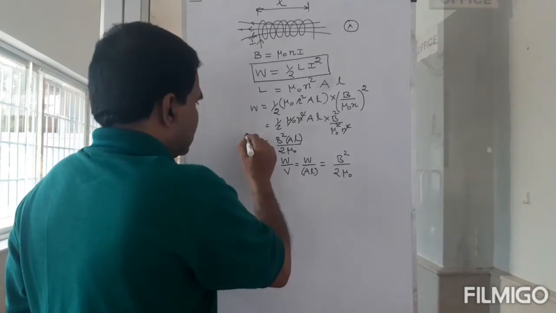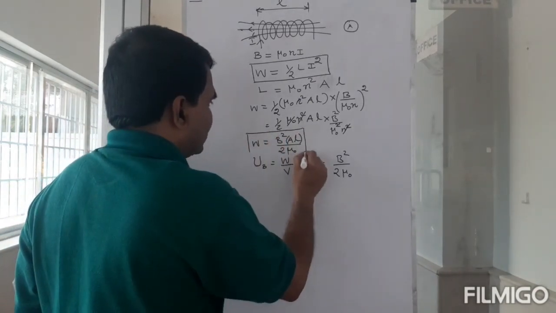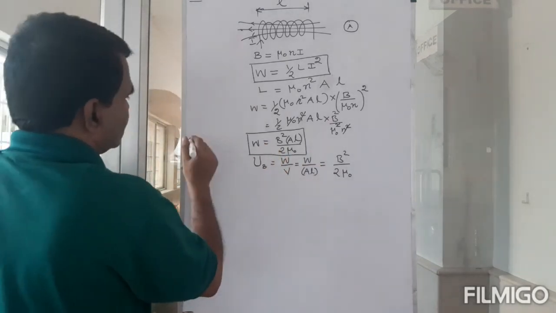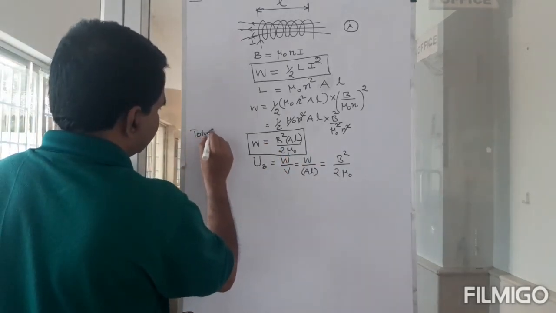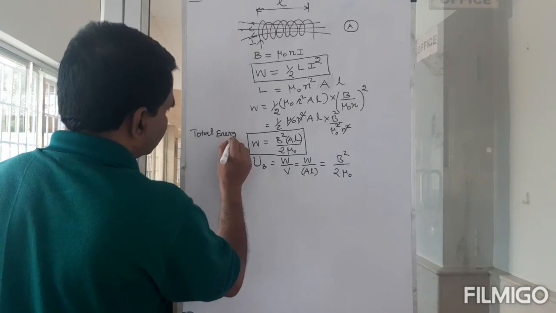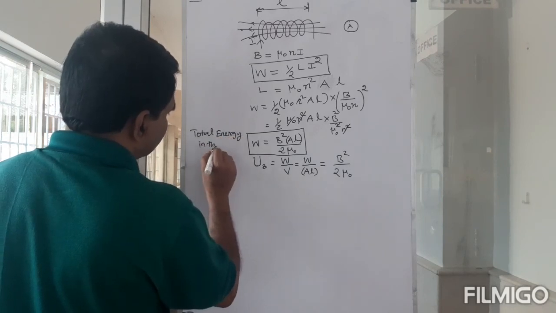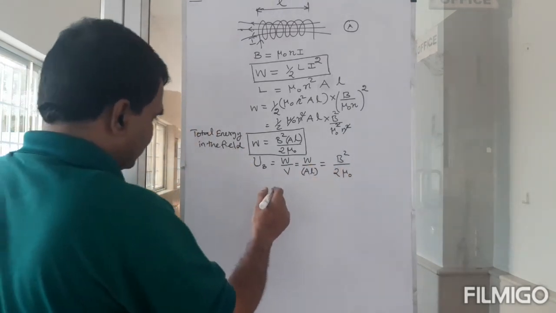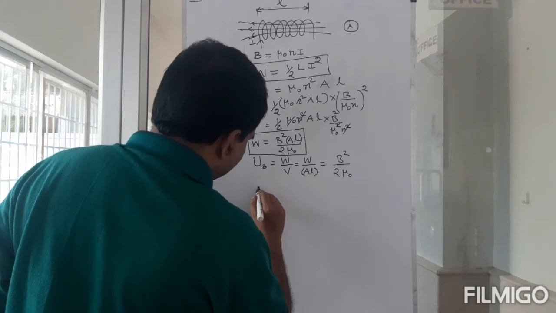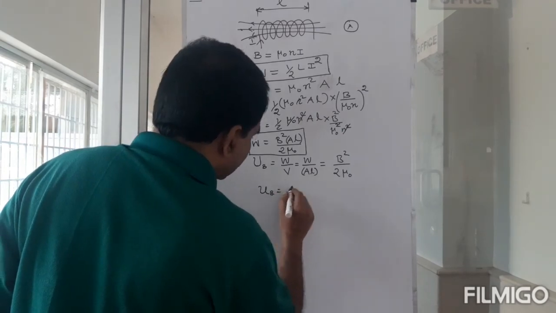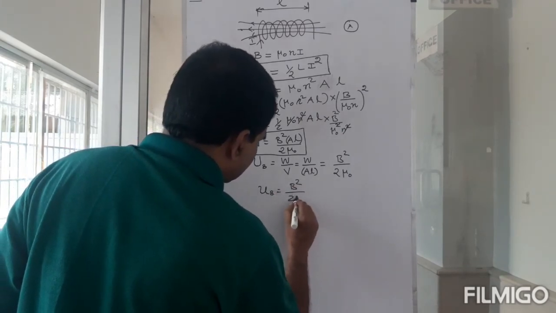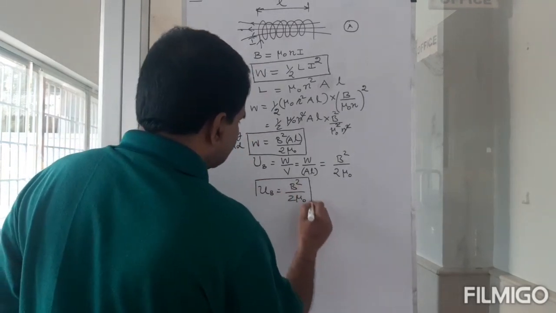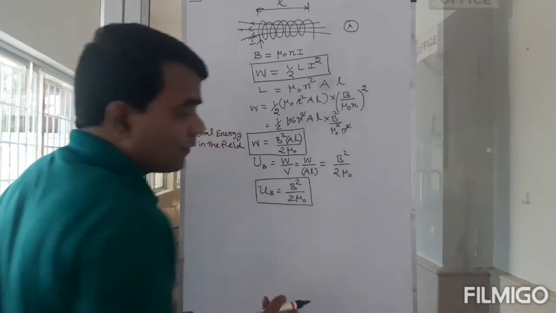So this is the expression for the total energy in the field, and this is the expression for U B equal to B squared by 2 mu naught, the energy per unit volume.